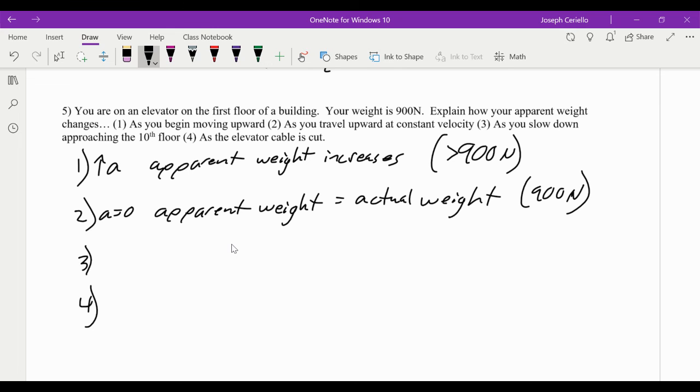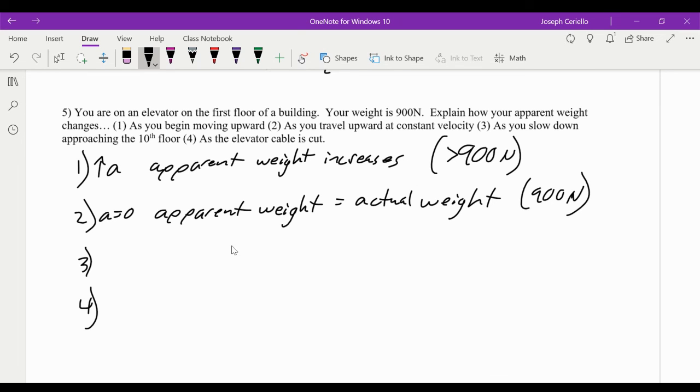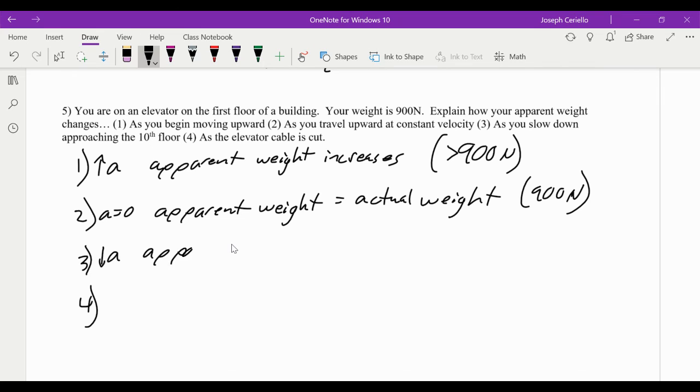As you slow down approaching the 10th floor, your acceleration is pointing downward, right? Because your velocity is decreasing as you go upward. So your apparent weight decreases. You feel a little bit lighter as you reach that top floor, less than 900 newtons.